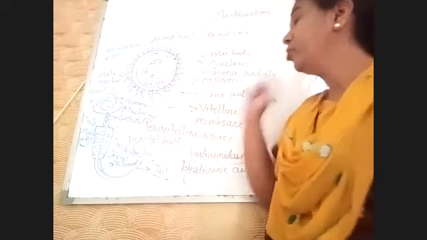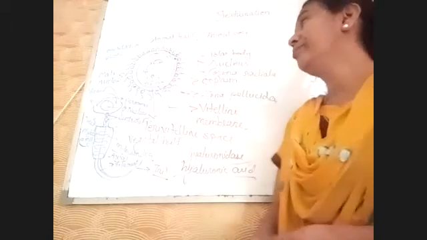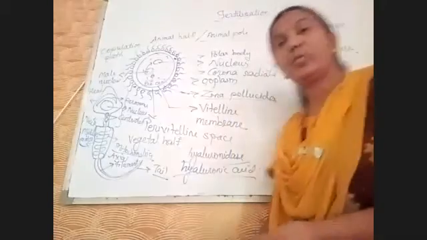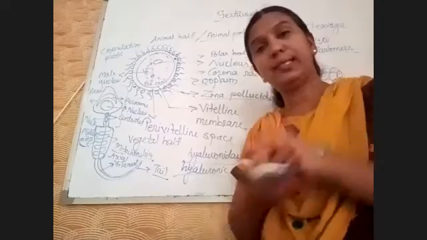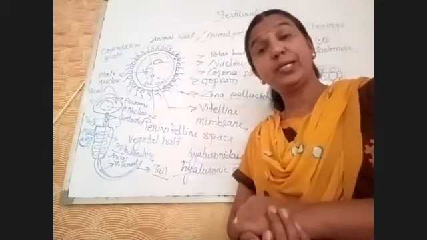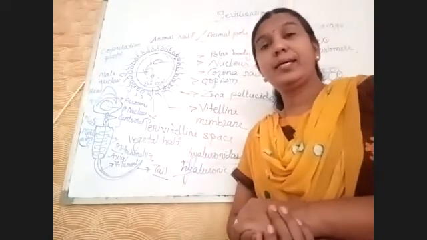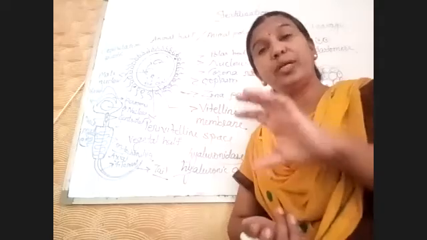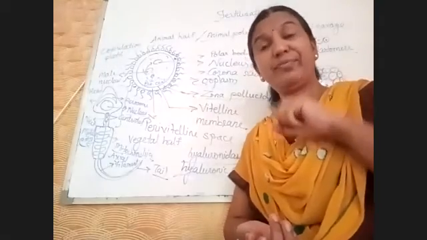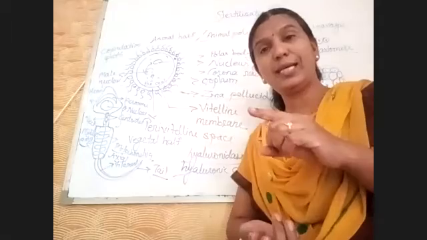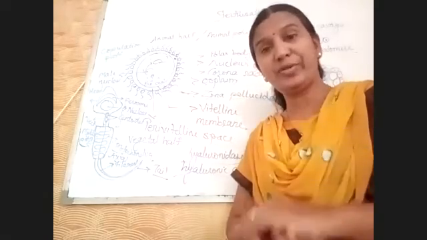Okay. Then what will happen? As soon as it enters the uterus, this zona pellucida layer will disintegrate. As it disintegrates, what will happen? This solid mass will absorb nutrition from the innermost layer of the uterus, that is the endometrium.